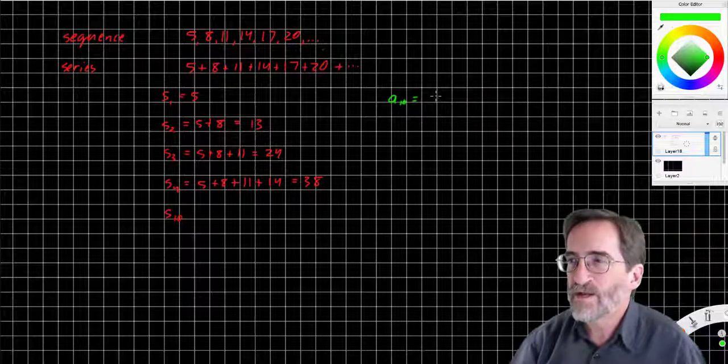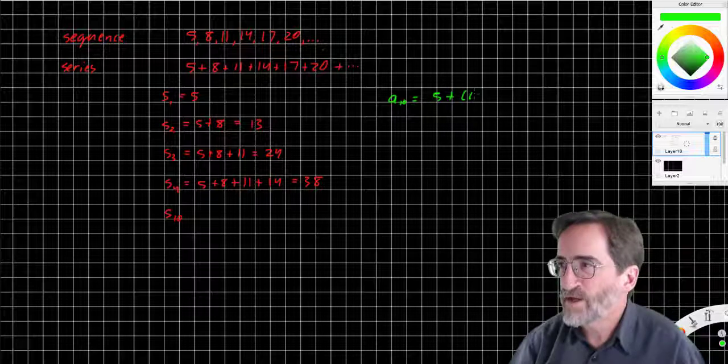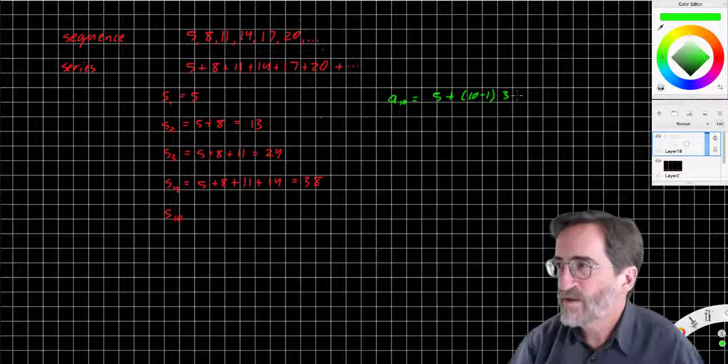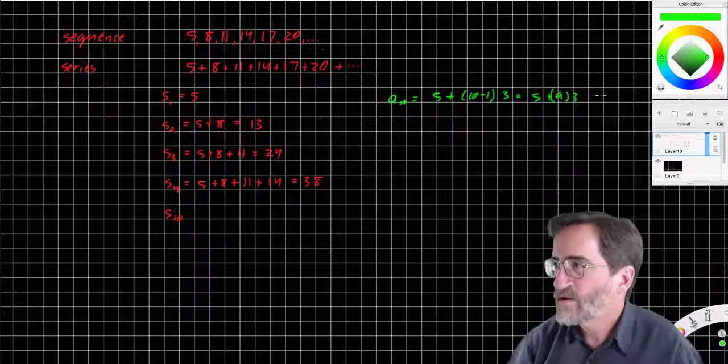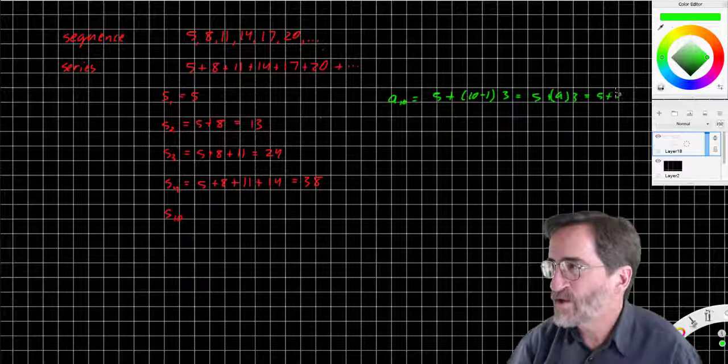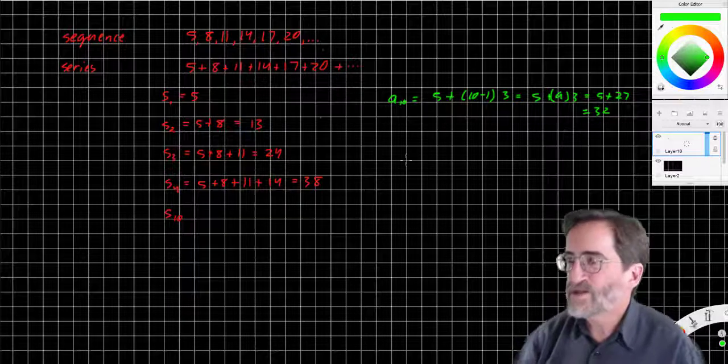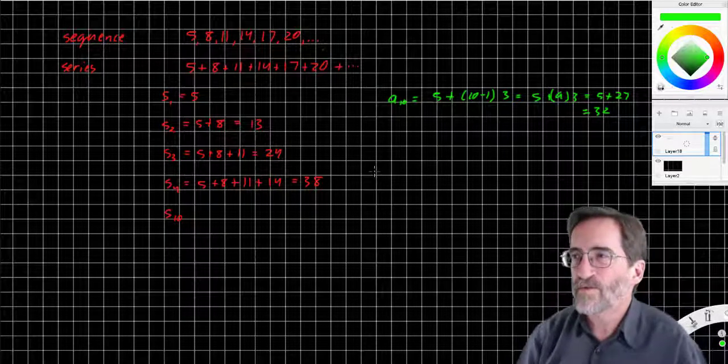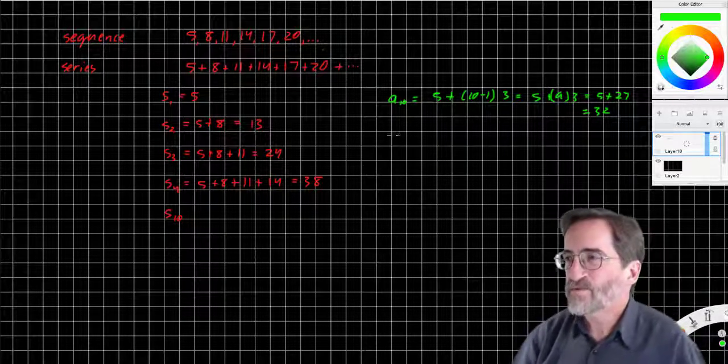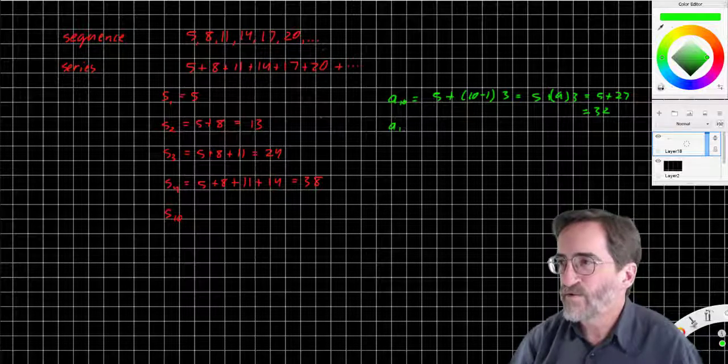Well, a sub 10 is 5 plus 10 minus 1 times the common difference, 3. 5 plus 9 times 3 is 27. 5 plus 27 is 32. Okay, so the 10th term is 32, right? And the first term is 5.